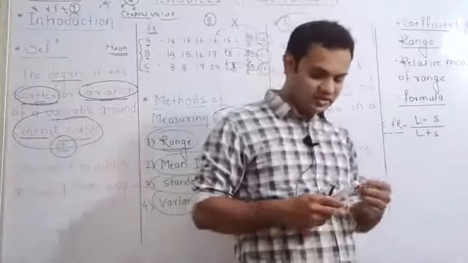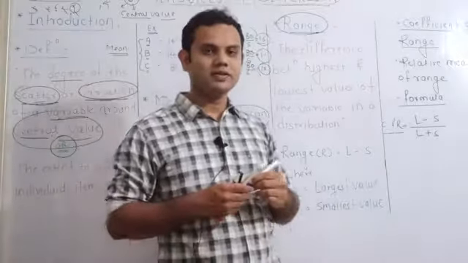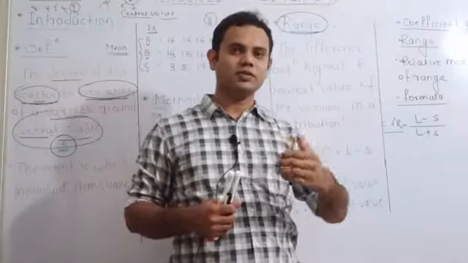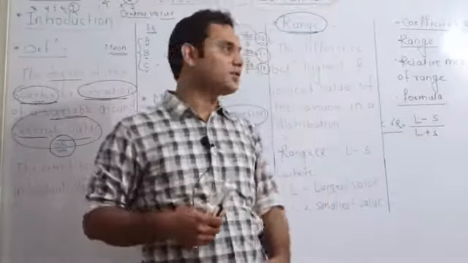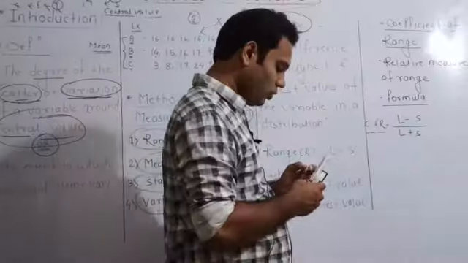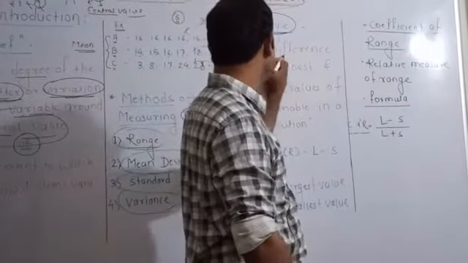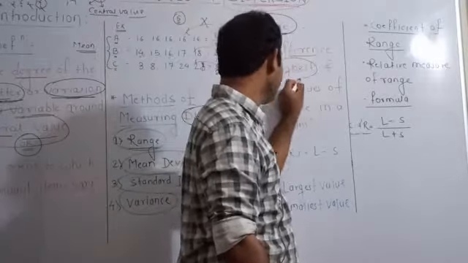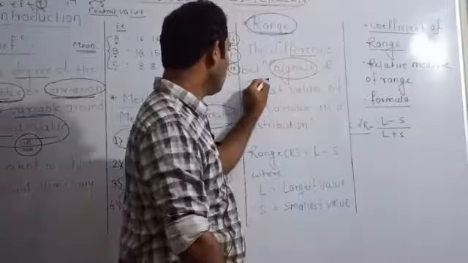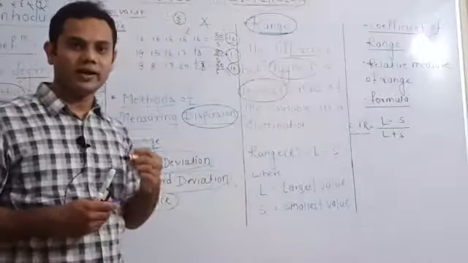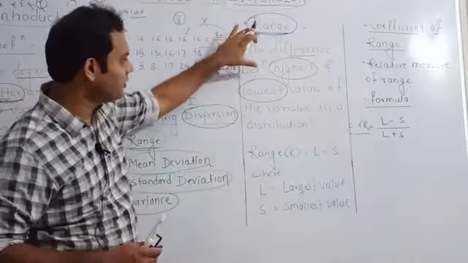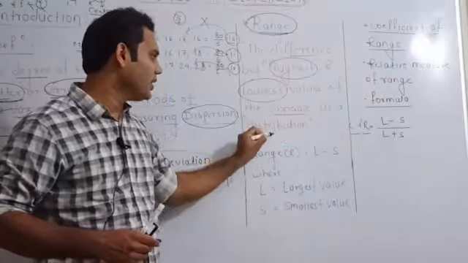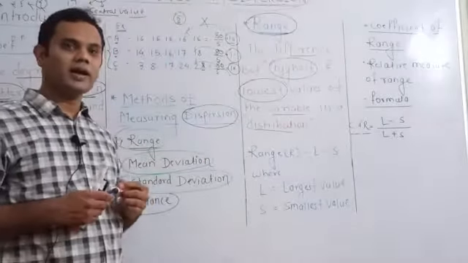Range is a very simple method by which we can find out the dispersion of a data set, the dispersion of your observations. Okay, so what is range? The difference between the highest value and the lowest value of a variable in a distribution is your range.